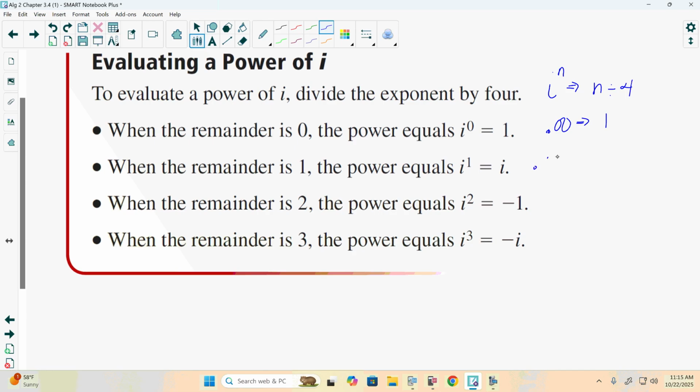If the decimal is 0.25, it's going to reduce to i. If the decimal is 0.50, it's going to be negative 1. And if the decimal is 0.75, it's going to be negative i. So really, for finding powers of i, we can take whatever the exponent is and divide it by 4 and match it up.